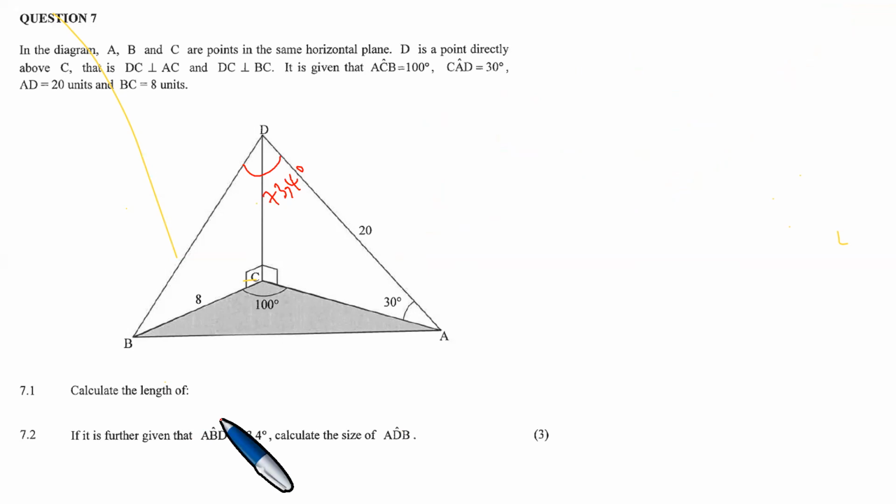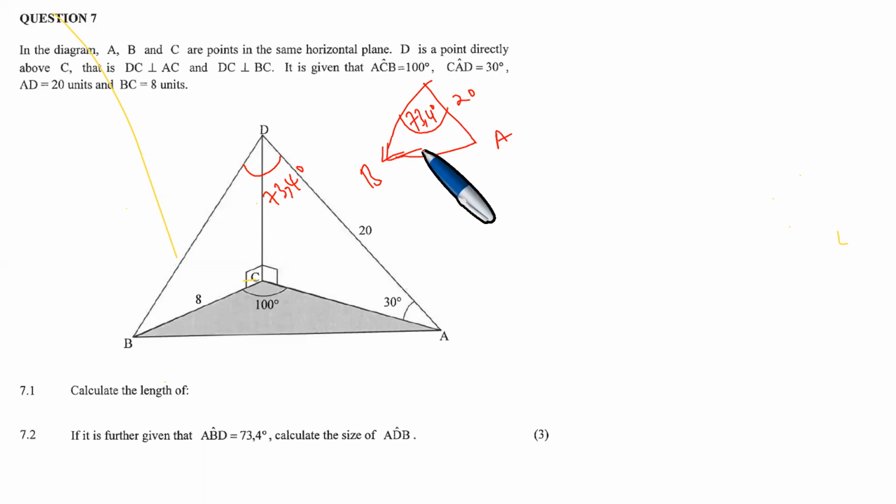What is the size of ADB? You can use the sine rule there, because if you have this triangle here, you call this one B, you call this one A, and you call this one 20 units, like this.